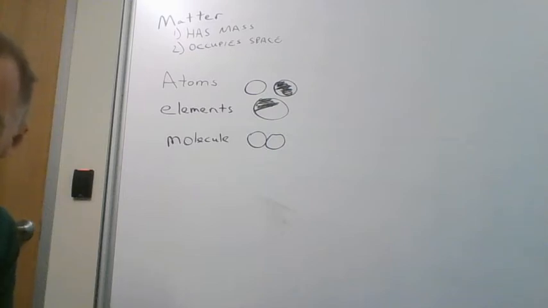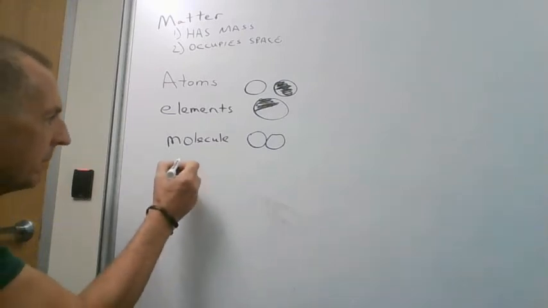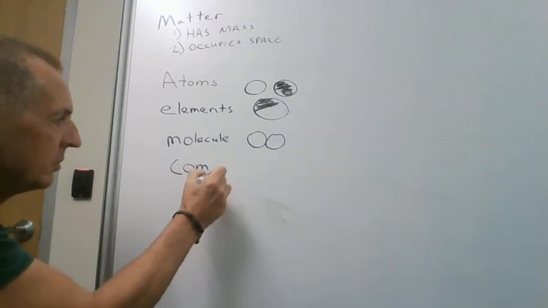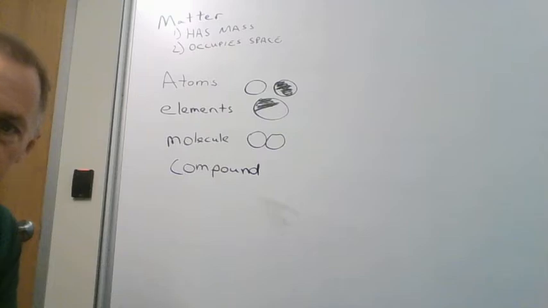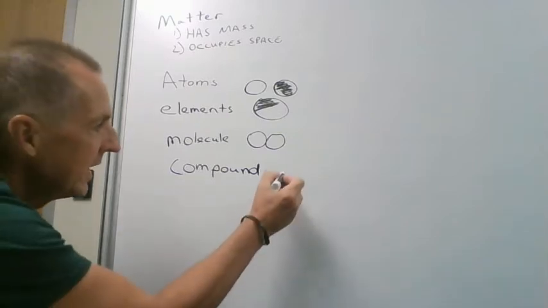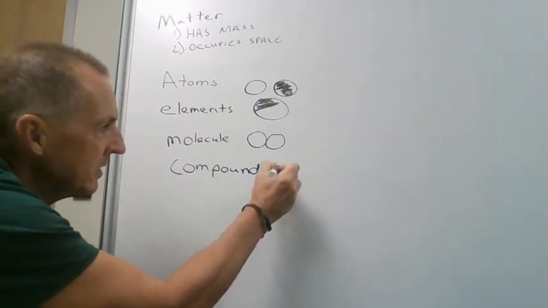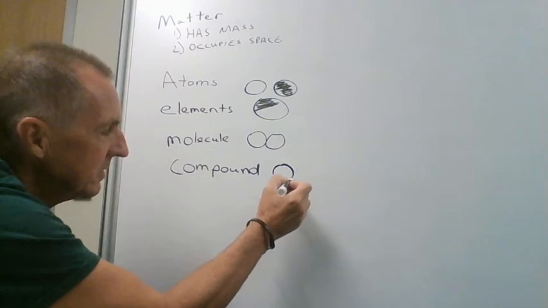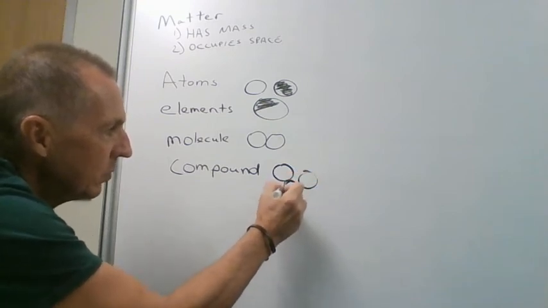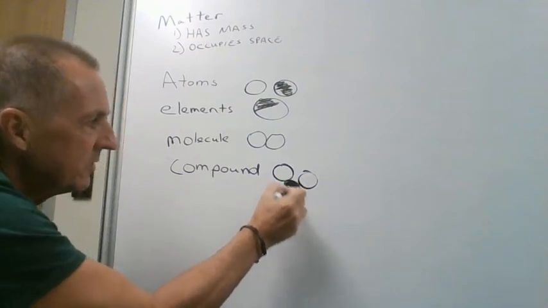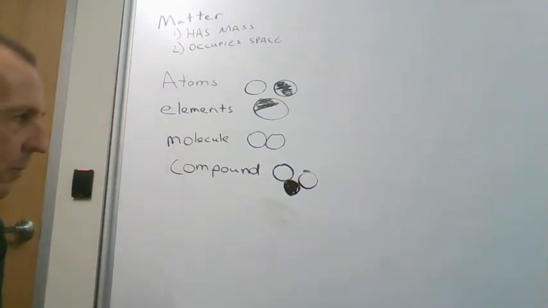It would still represent that element, but instead of an atom, we would call it a molecule. Then you can have a compound, which is any time you have two or more different types of atoms bound together by chemical bonds. So we could have two of these atoms with no filling in them and one that's filled in. And so we'd have two different types of atoms, so that would represent an actual compound.